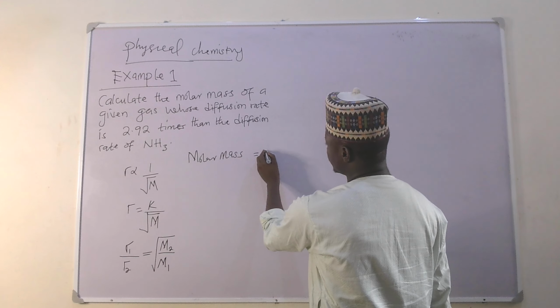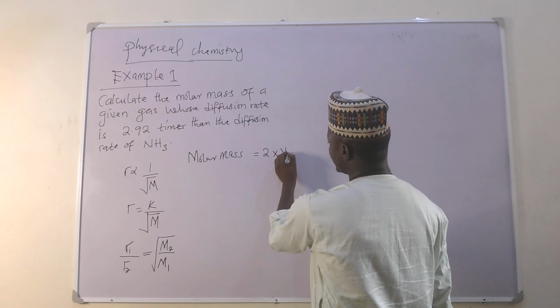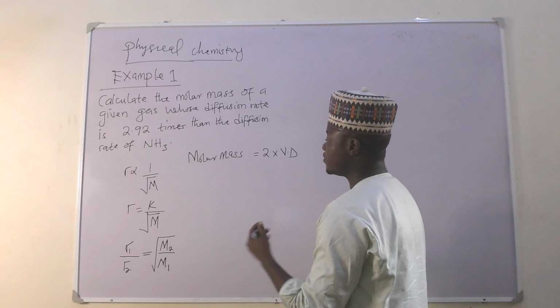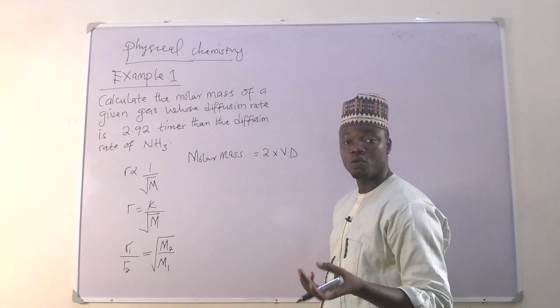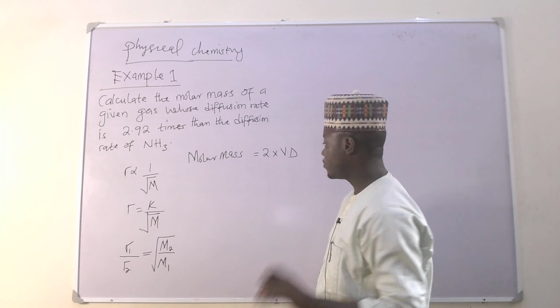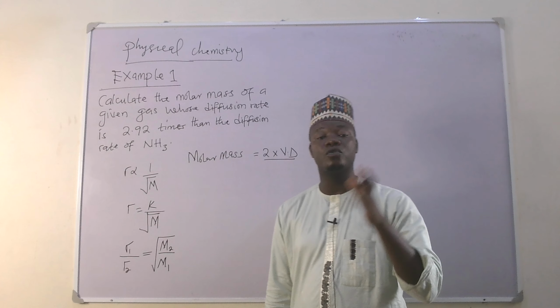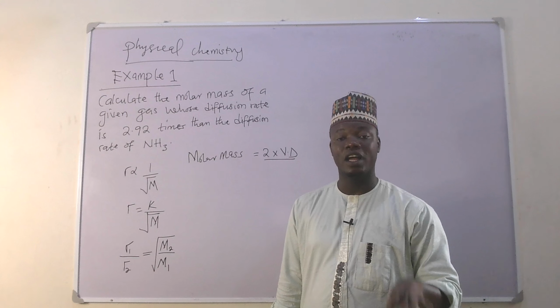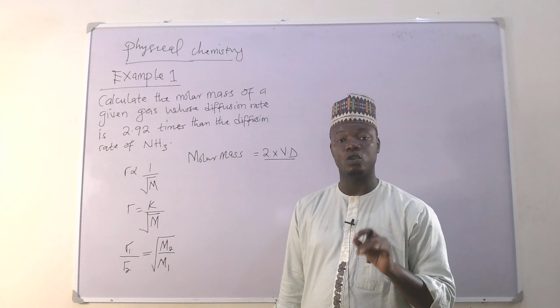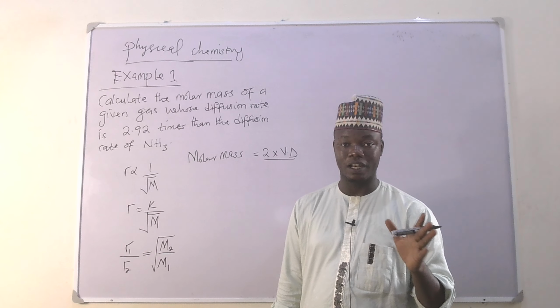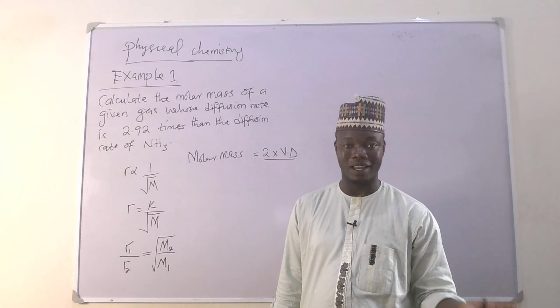The molecular mass is always 2 times the vapour density. So if you are given a density and asked to calculate the molecular mass of a particular element, you multiply that vapour density by 2, and that will give you the molecular mass of that element or gas.